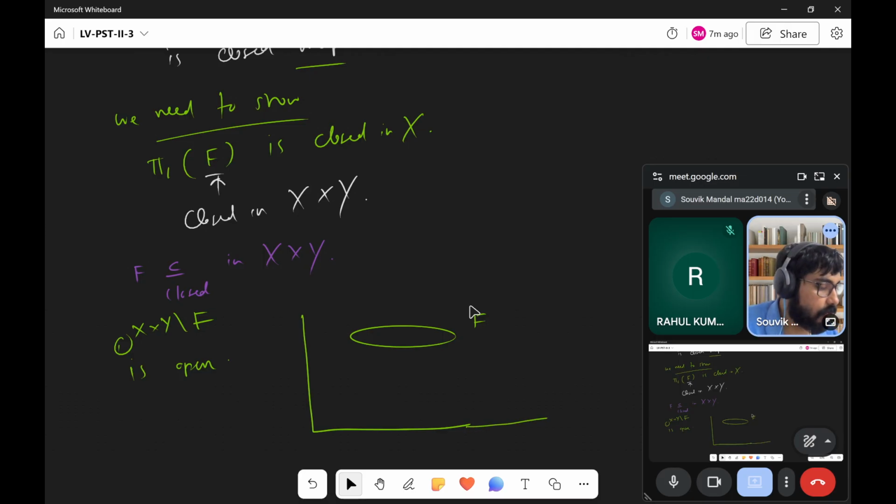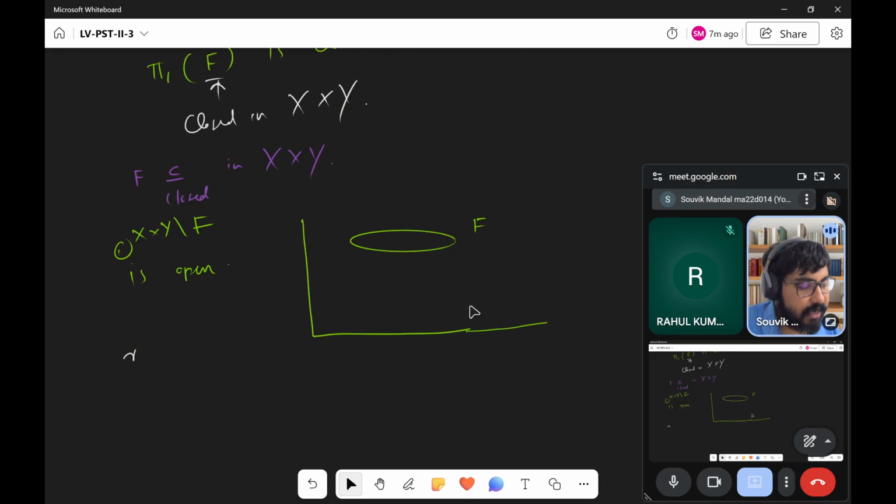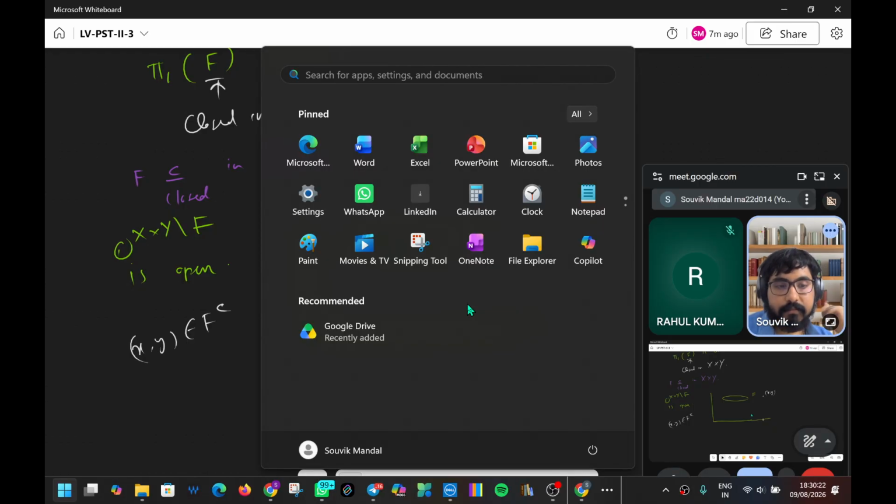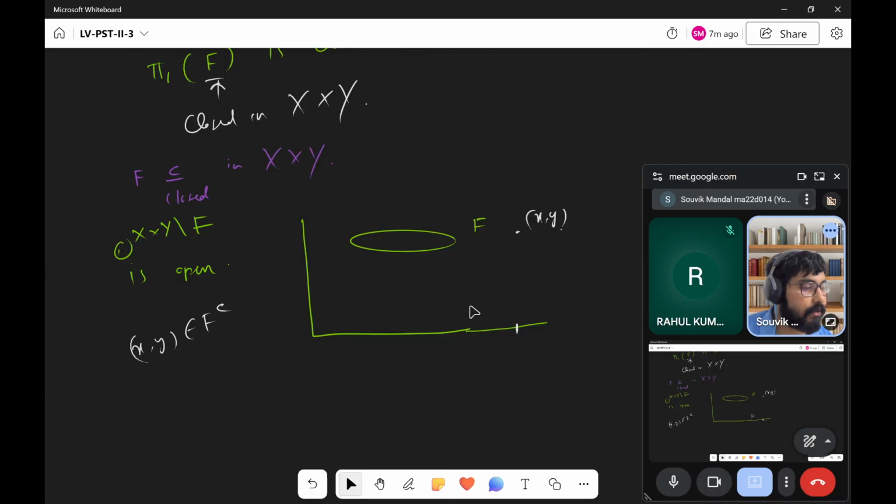Now we are taking a point outside of F. Sorry, it's not x, it is basically a point in X cross Y outside of F. So this is some (x, y).